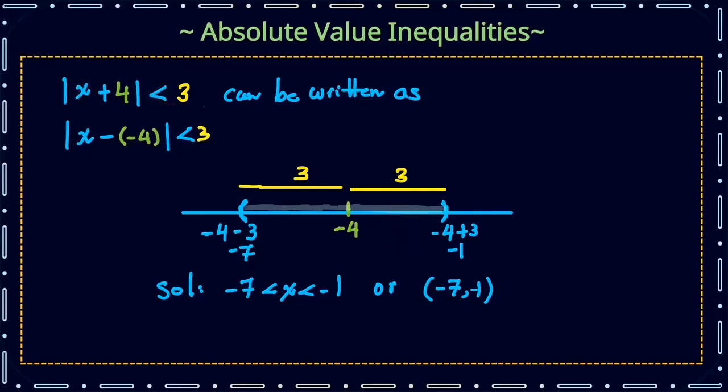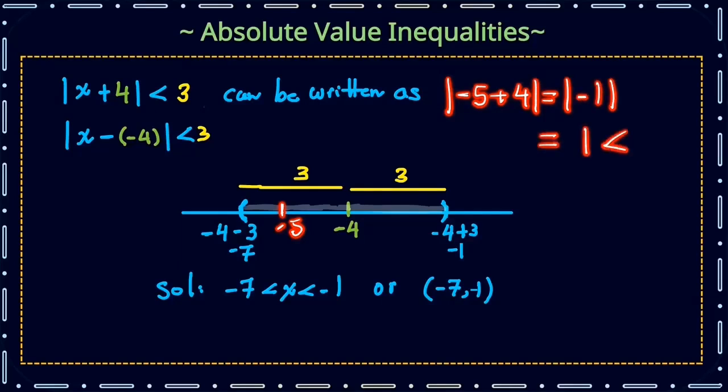Another number, let's say we take negative 5. If you plug negative 5 in, absolute value of negative 5 plus 4 is equal to absolute value of negative 1. Absolute value of negative 1 is 1, and 1 is in fact less than 3.